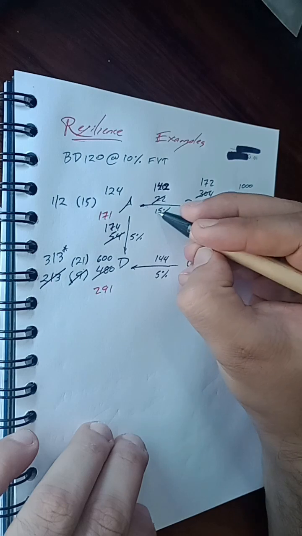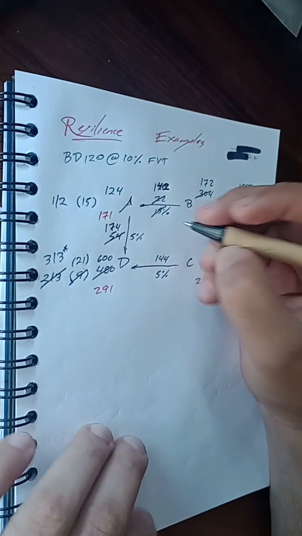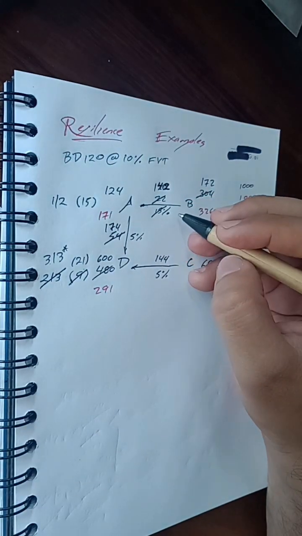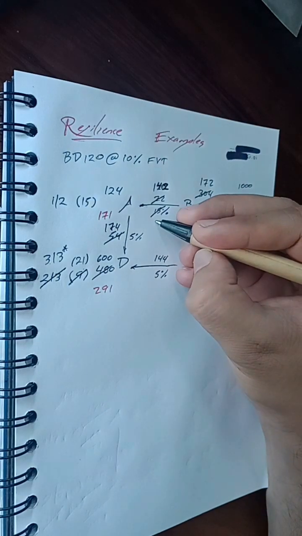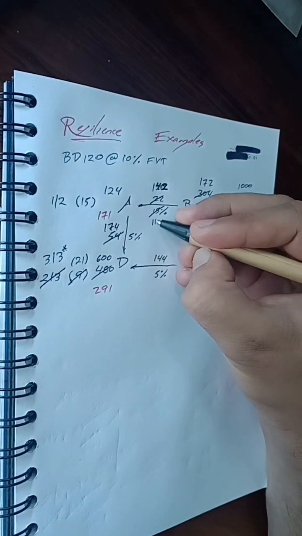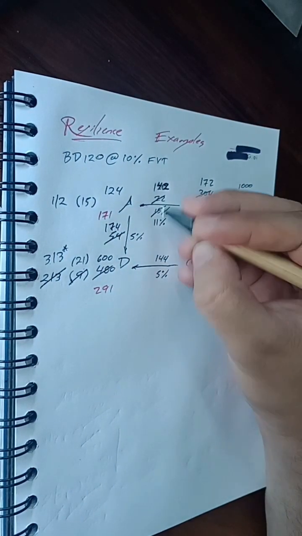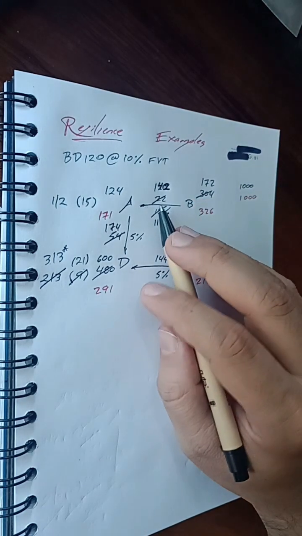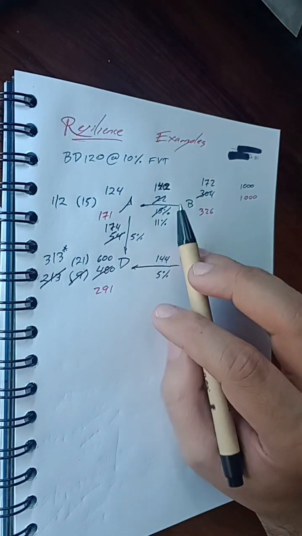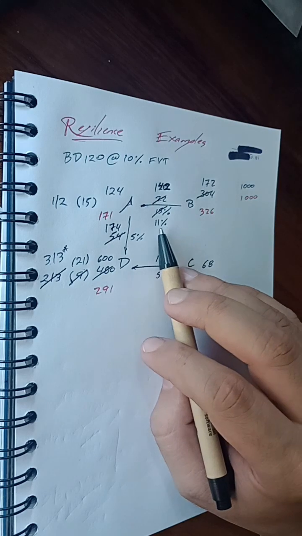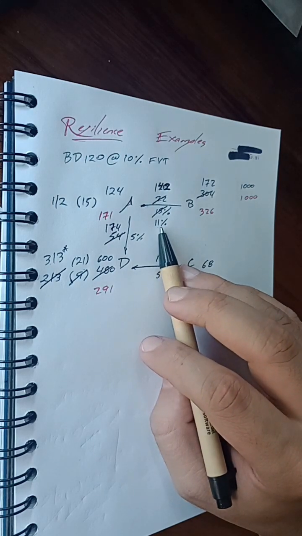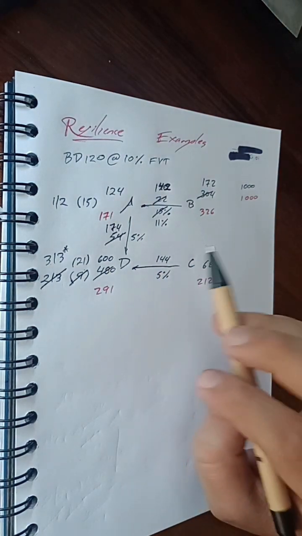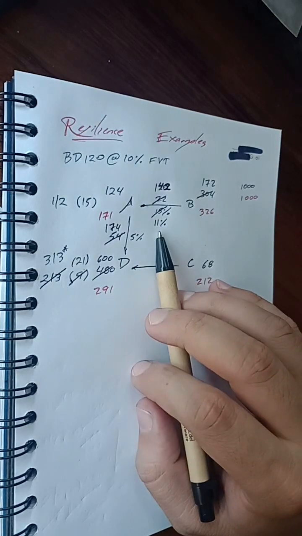Also, we have to update here the transaction rate for this link, which would be 11 if we make the ponderation between 22 at 15 and 120 at 10. That would give us approximately 10 something, so it approximates to 11.